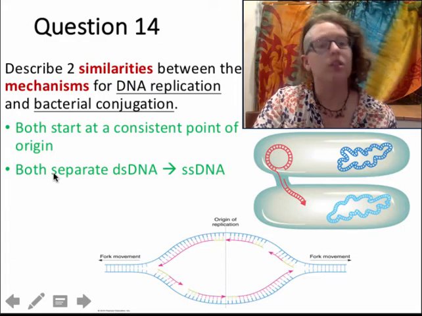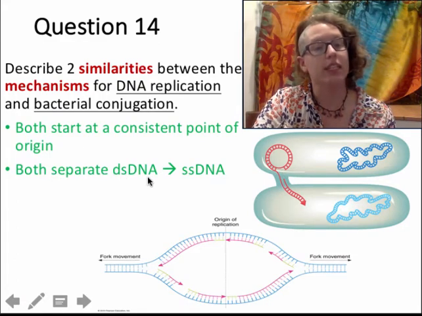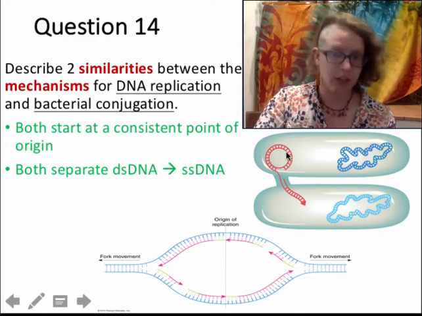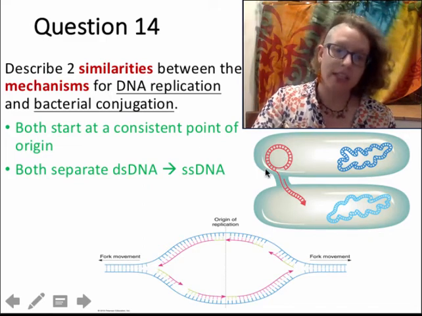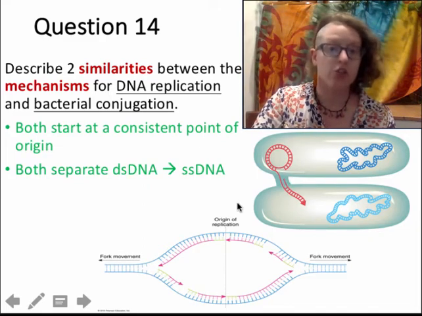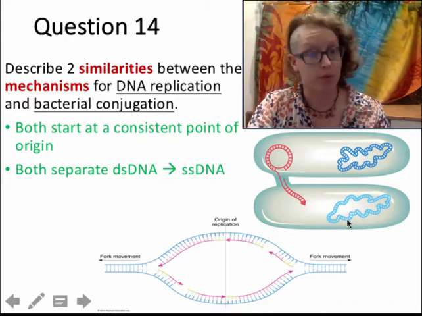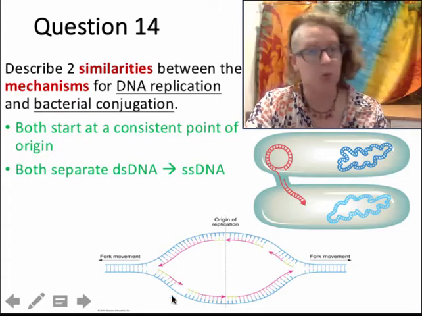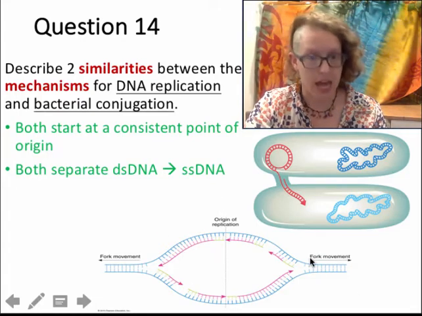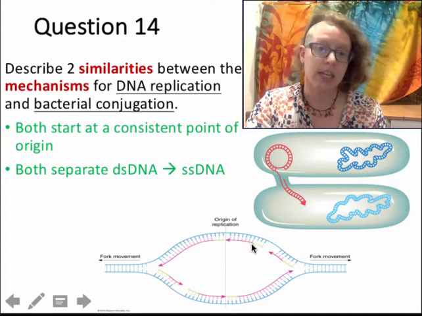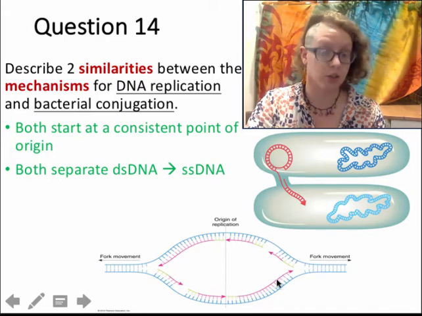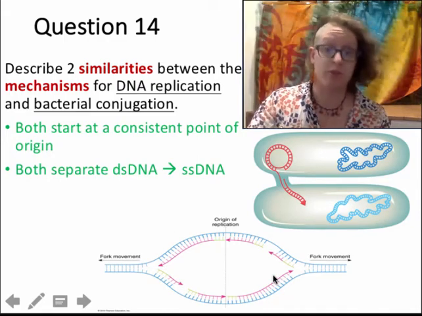Also, both separate double-stranded DNA into single-stranded DNA. Here we have our F factor separating out, and a single strand comes in and gets replicated. Here we're splitting the original DNA, and then a second is coming in underneath. So we're separating double-stranded into single-stranded, and you need a mechanism for that.